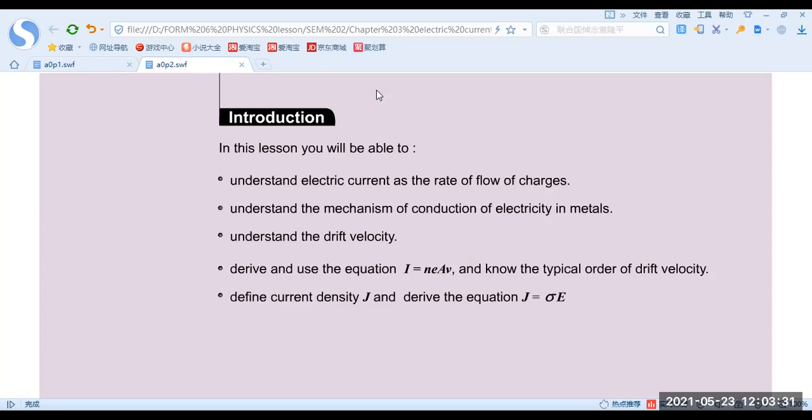And objective number 4, derive and use the equation where the current I equals nAev, and know the typical order of drift velocity, and define the current density J and derive the equation J equals conductivity times E. Okay, ladies and gentlemen, now we go to the next slide.